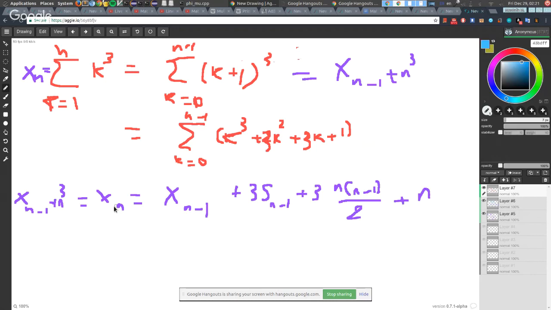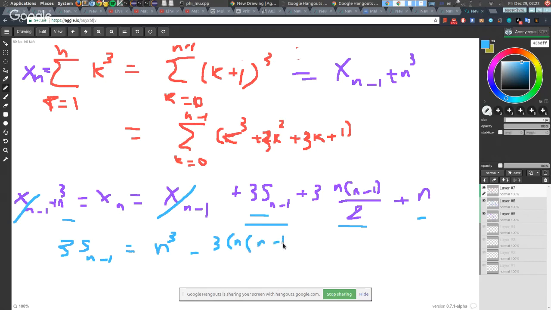Basically here you can see, we can cancel this with this to end up having this expression. It has all the numbers known except here we have the Sn minus 1. So basically we'll have something like that. So 3 times Sn minus 1 is equal to n cubed minus this expression, which is 3 times n minus 1 over 2, minus n.